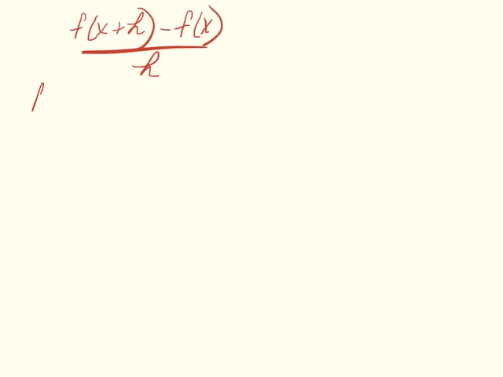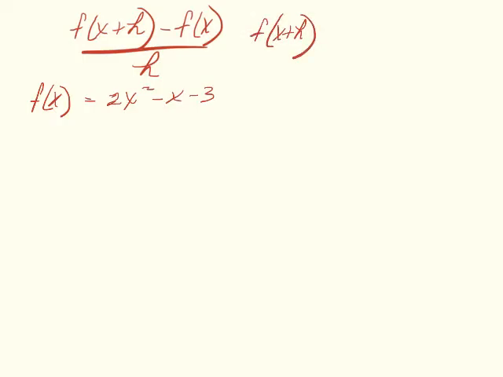They give us a function, f of x, and they say that that's equal to 2x squared minus x minus 3. Okay, so they want us to find the difference quotient. So again, we're going to use that top formula, and the first thing we're going to do is find our f of x plus h.